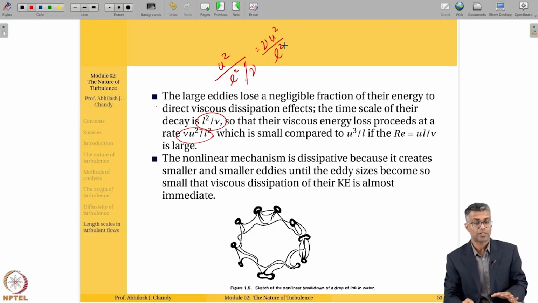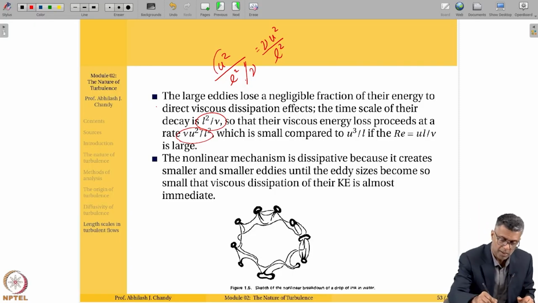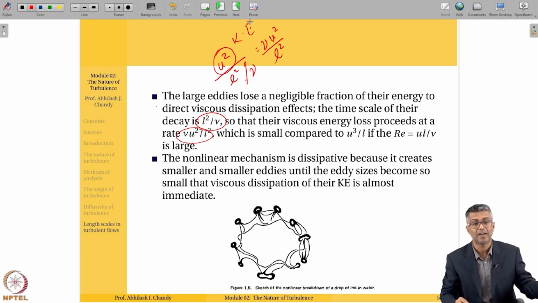Isn't it? This is the negligible viscous dissipation happening at the large scales. That time scale is L squared over nu, pure dimensional analysis. So kinetic energy is u squared divided by time, just like we did in the previous one, except earlier, due to the inertial behavior, the kinetic energy was still u squared, but the time scale was L over u. Now it is L squared over nu.